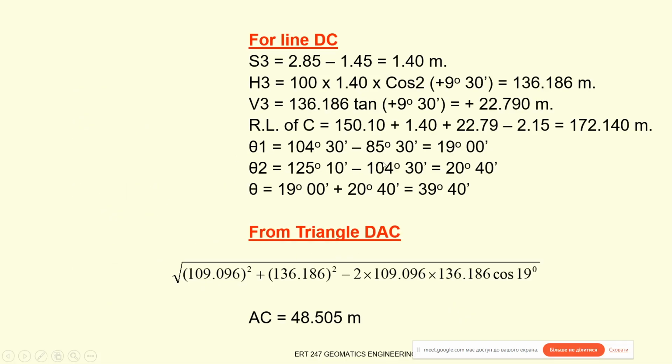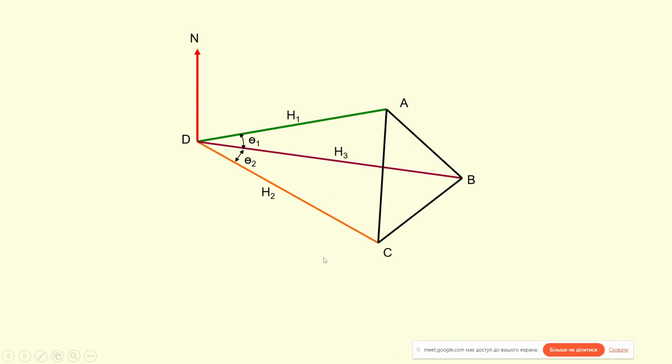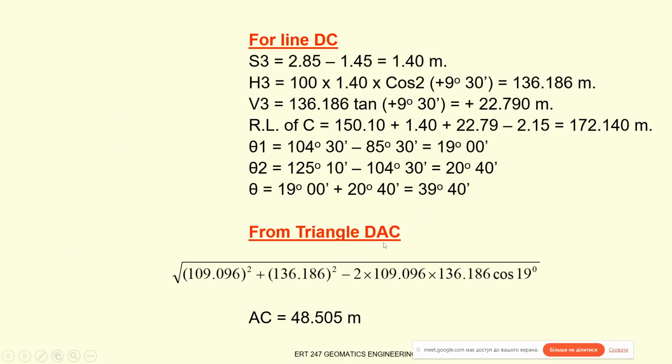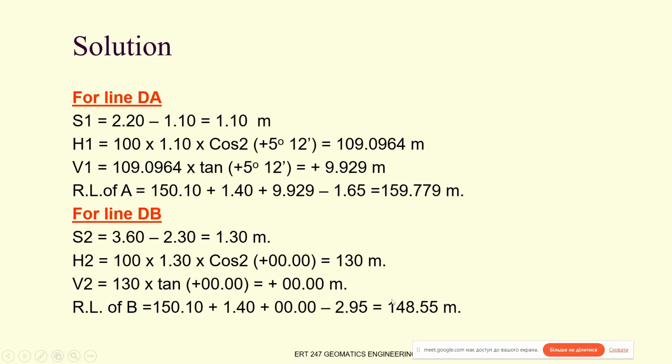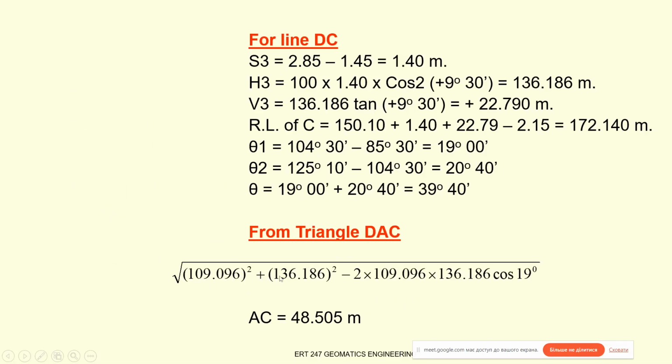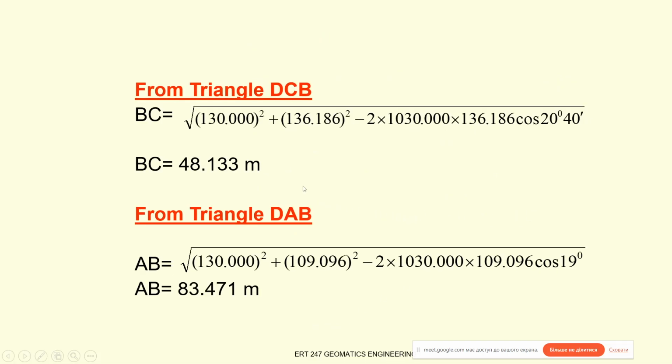And from triangle DAC, we can calculate the distance of AC, which will be equal to 48.505 meters. And from other triangles, we can calculate BC line and AB line.